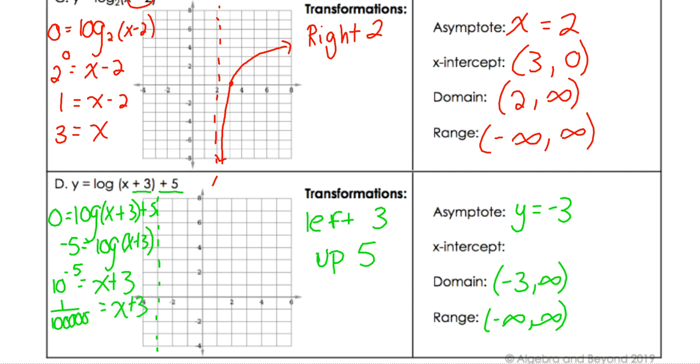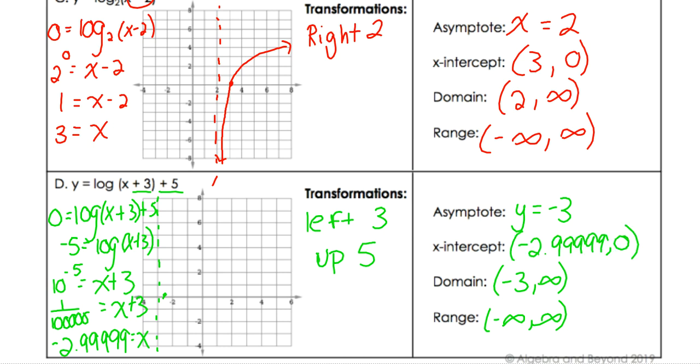So essentially we have a tiny, tiny decimal, 1 over 100,000, really small number. So when I subtract 3 from both sides, I essentially get negative 2.99999. So very, very close to that asymptote of negative 3, but not quite there. So my intercept is really, really close to my asymptote, but obviously doesn't actually touch it.